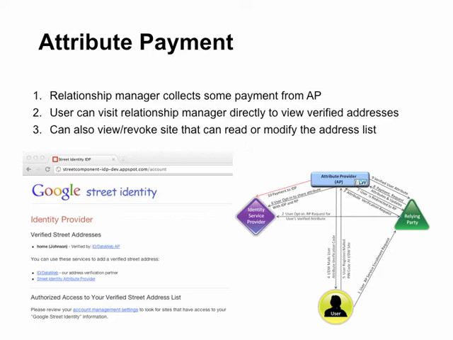One of the other things the relationship manager does is it has a website where the user can go back to and just get a list of what are the verified street addresses in their account, and what other web services have access to either read or write their list of addresses. To help fund the creation of such services, it may be that the attribute provider gives some percentage of the money it receives from transactions to the relationship manager.